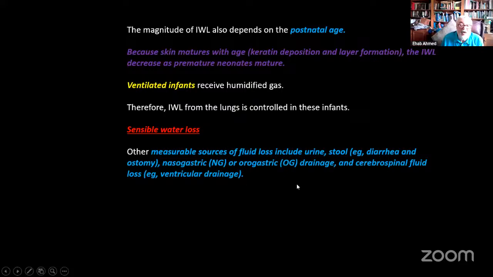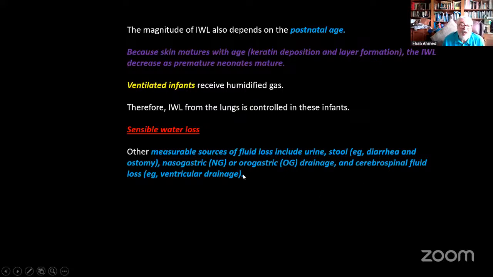The sensible water loss, we know about this. We know about the urine. We can measure it. Loss of fluids in stools, like in diarrhea, or from other GI sources, as if you do gastric aspiration or you do decompression of the intestine in case of obstruction or necrotizing enterocolitis, or from other sources like draining CSF fluid.